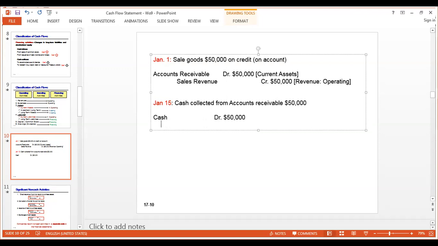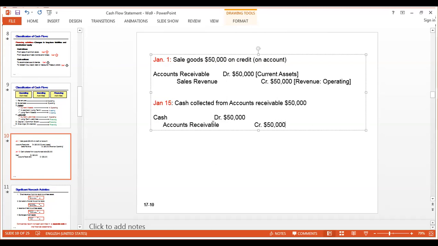And what is credit here? Accounts receivable credit $50,000.